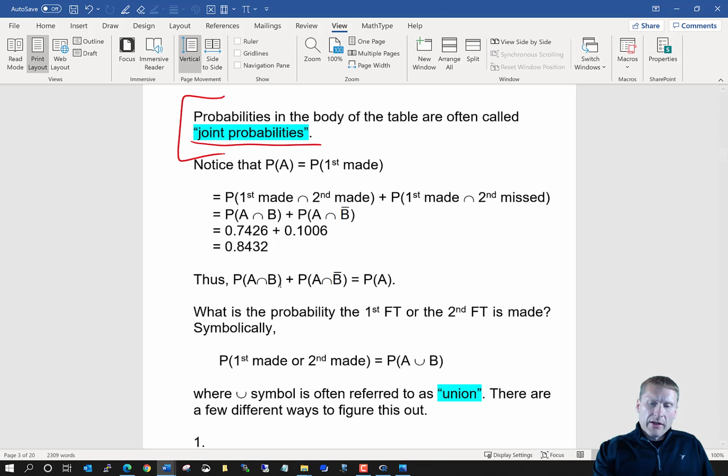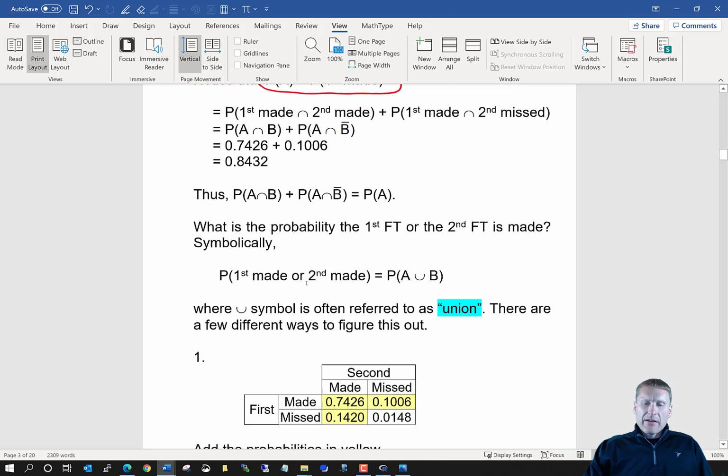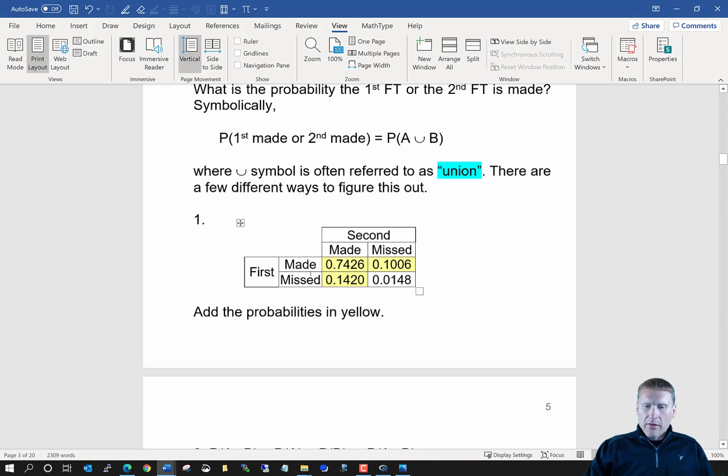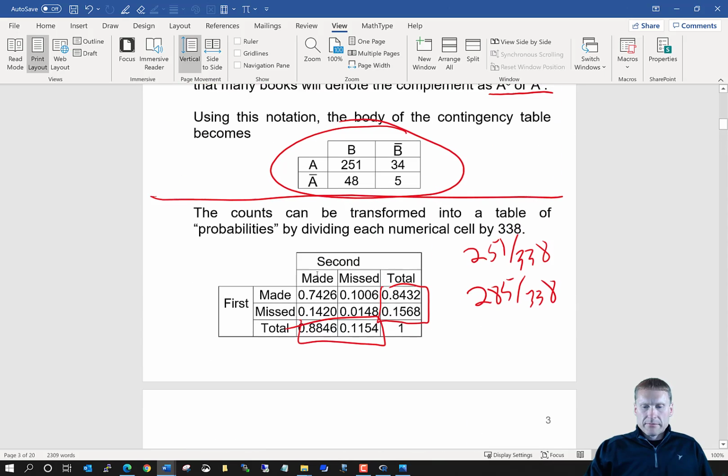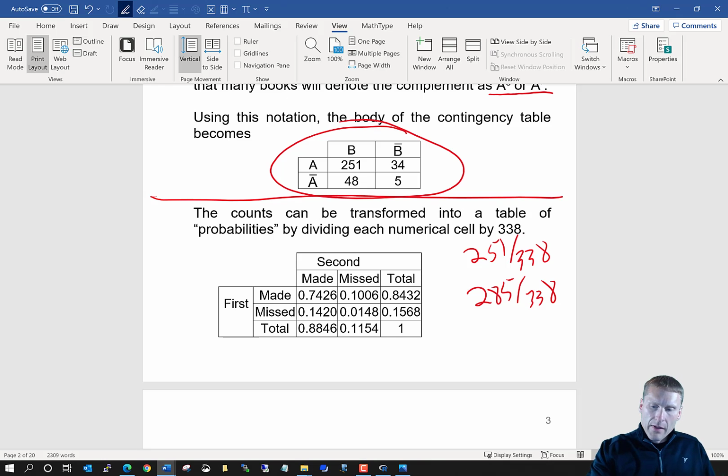Okay, so let's take a closer look at this probability of A, the probability that the first was made. Now, let's see, how did that come about? Actually, I'm going to go back up and do some more erasing. So here is the probability of A. That's simply adding the probability of A intersect B and the probability of A intersect B bar.